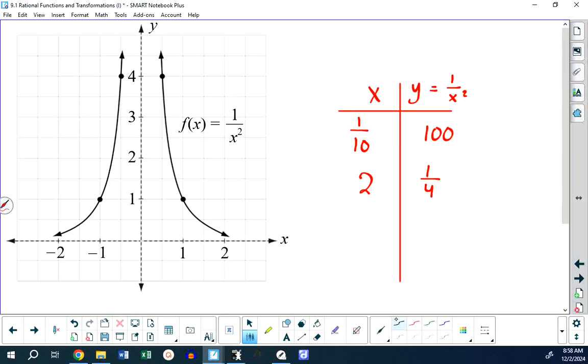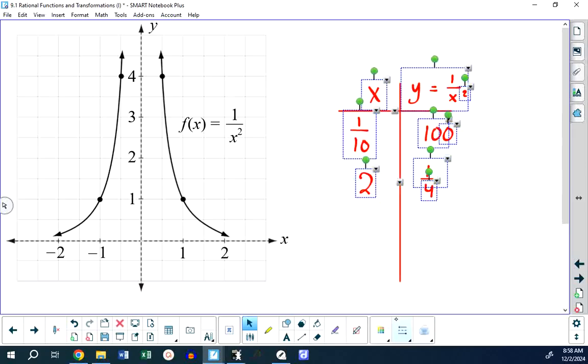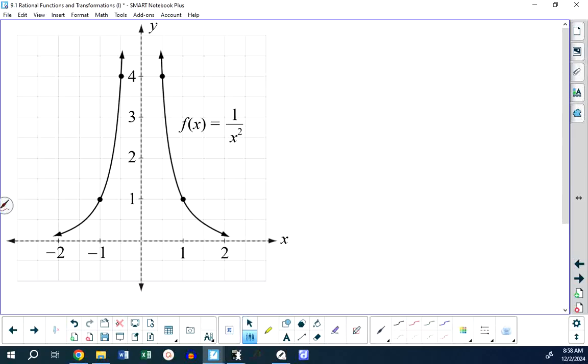So what can we say about this function? Well, we can say the same kinds of things that we said about the previous function, which is that there's a horizontal asymptote and there's a vertical asymptote. The vertical asymptote is at x equals 0. The horizontal asymptote is at y equals 0.